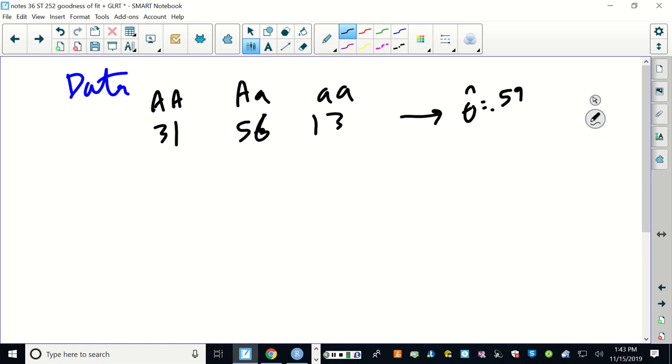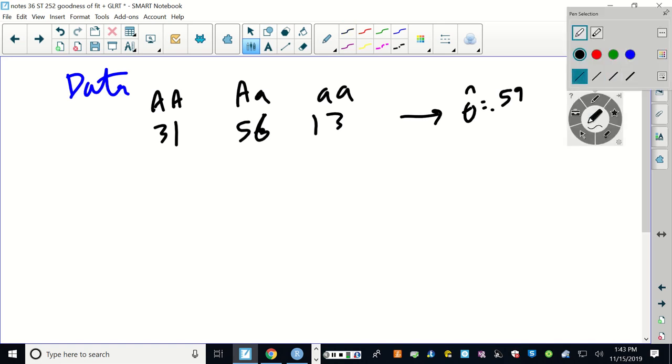Things have been adjusted, like 2 have been taken away from there, and 4 have been added to here, so it ends up being the same estimator of the proportion. Same MLE.